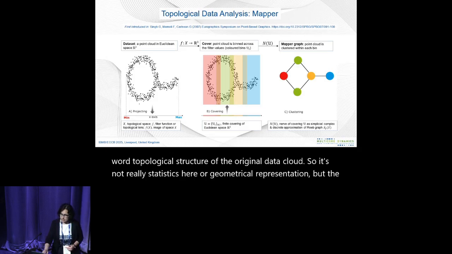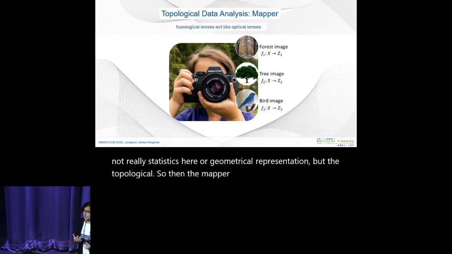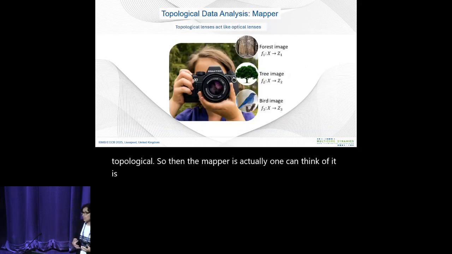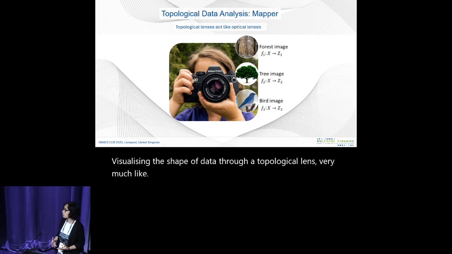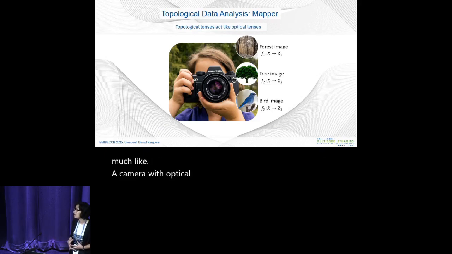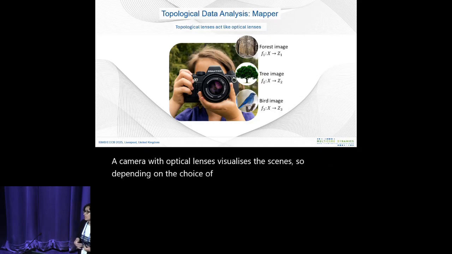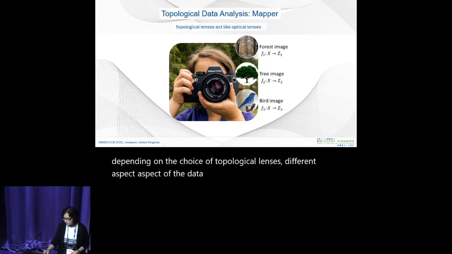One can think of Mapper as visualizing the shape of data through a topological lens, very much like a camera with optical lenses visualizes a scene. So depending on the choice of topological lens, different aspects of the data will be revealed.